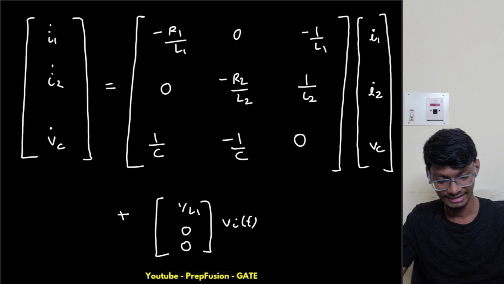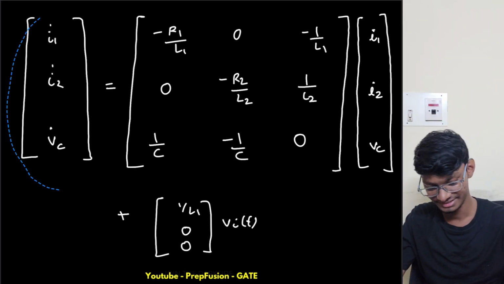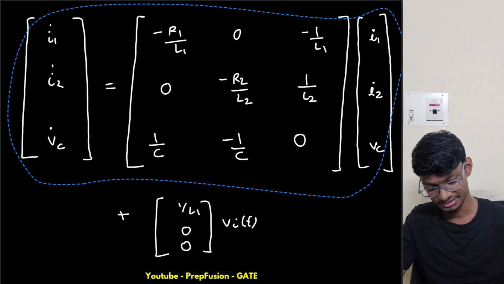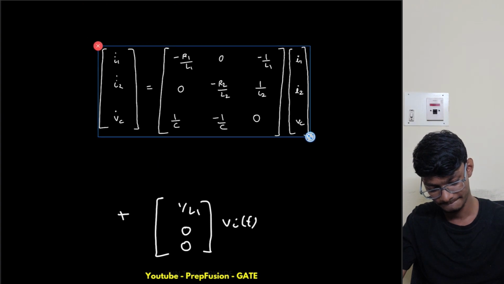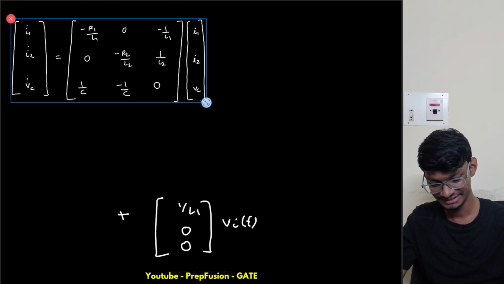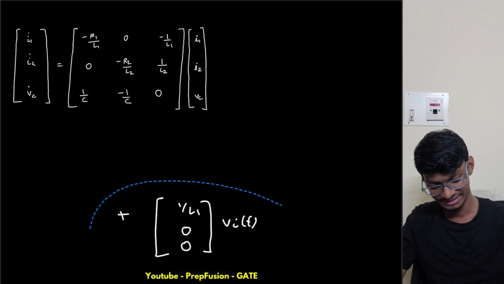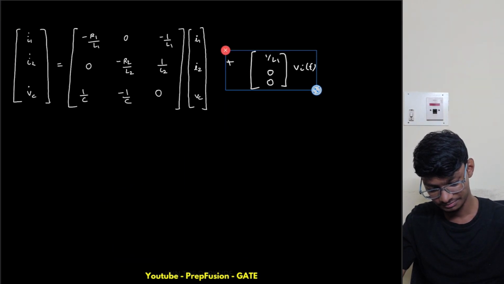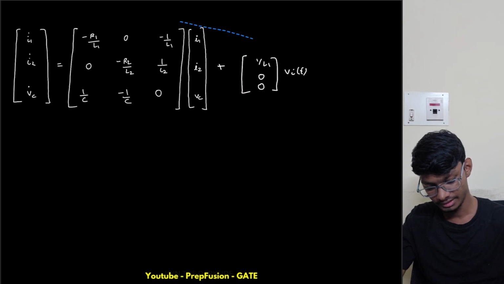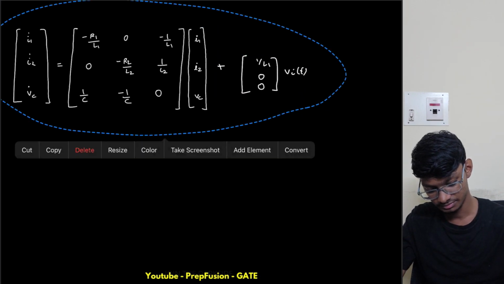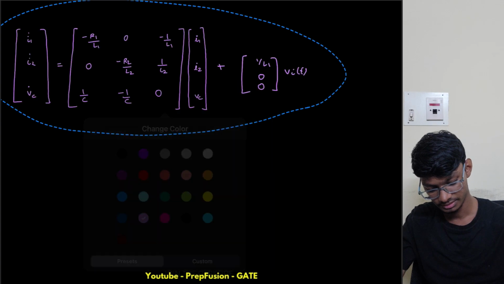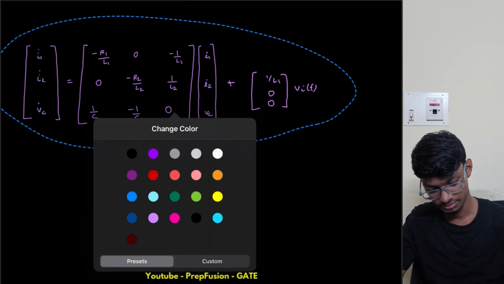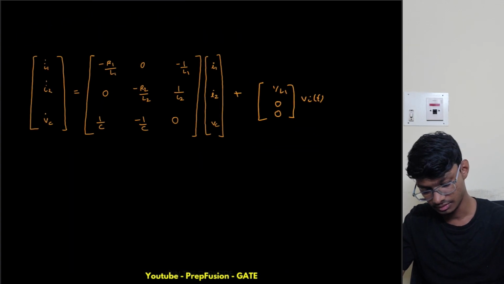As this is looking ugly, I will reduce the size and make it look beautiful. So this is plus, and let me change the color also to make it a bit better. Yeah, this is looking good. This is the state equation.